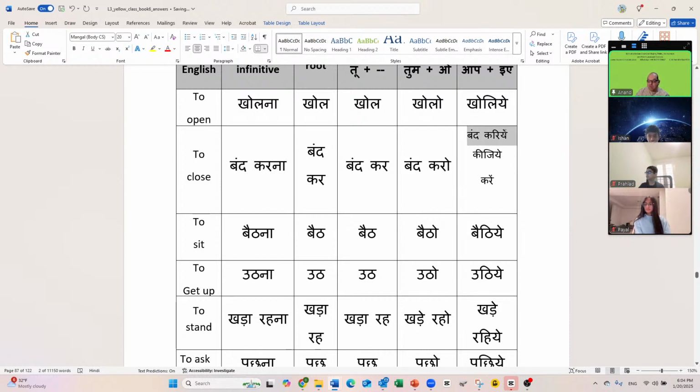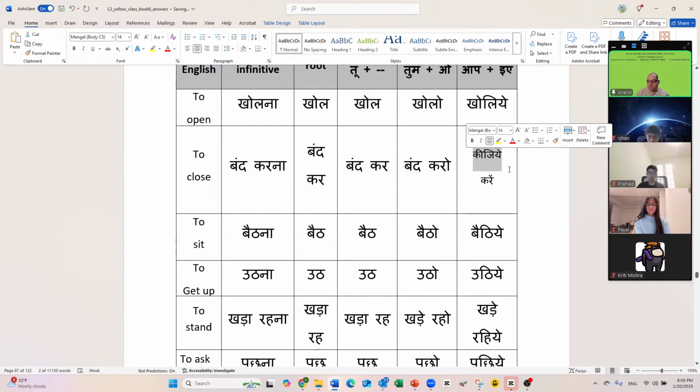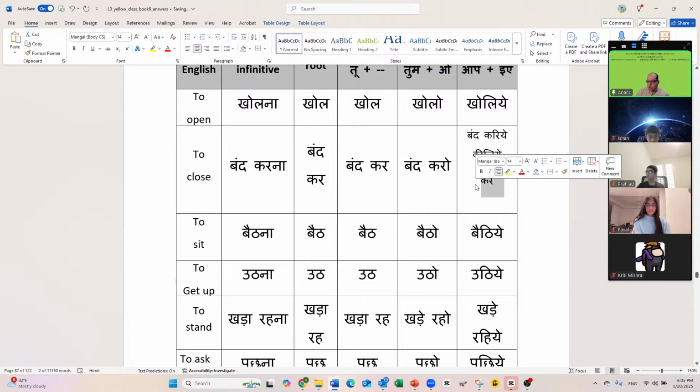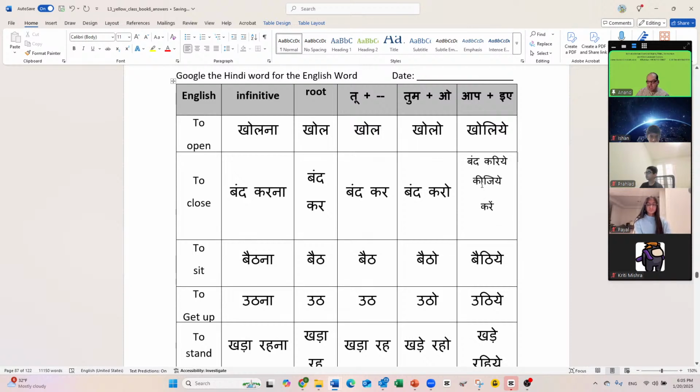But band kariye is only one format. The more popular format which we use is band kijiye. Similarly, there is also a format band kare. Kare is more of an Urdu usage, but it can be used in Hindi too. So we have all three: band kariye, band kijiye, and band kare. This is for the verb karna.